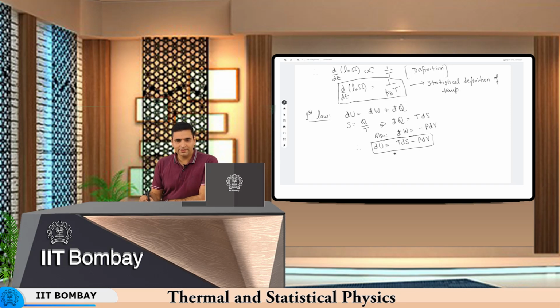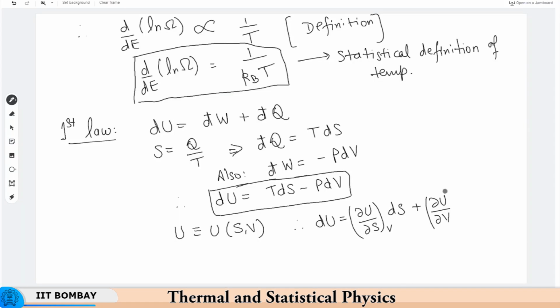Now you can see that in this case the internal energy is actually a function of two independent variables, which are entropy and volume. So therefore we can write its differential as follows. So this is del U divided by del S, the partial derivative of U with respect to S at constant volume, times dS, plus del U by del V at constant entropy times dV.